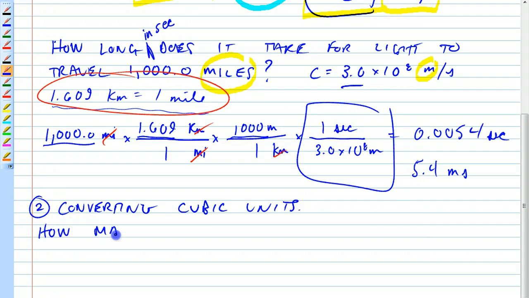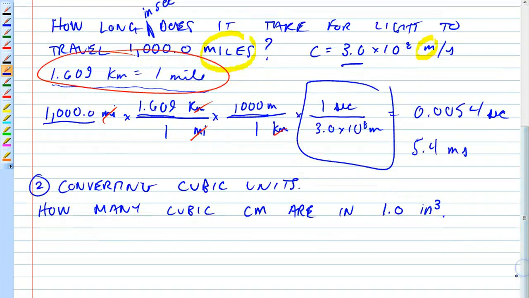How many cubic centimeters are in 1.0 cubic inches? So how many cubic centimeters are in a cubic inch? And you would be given this.